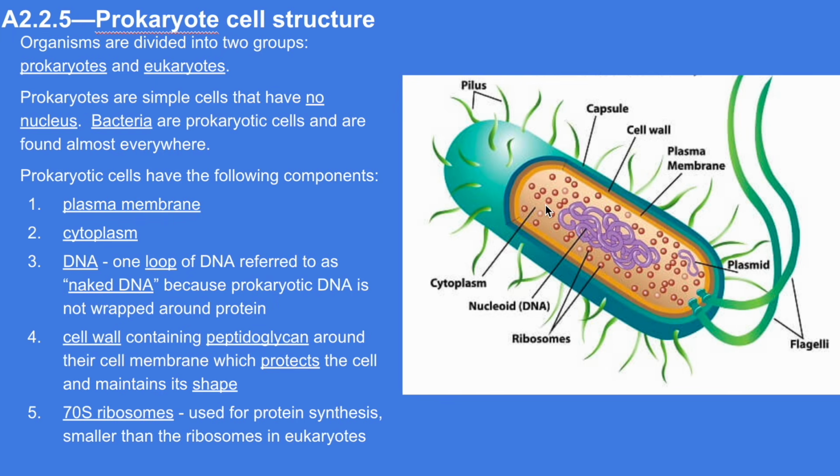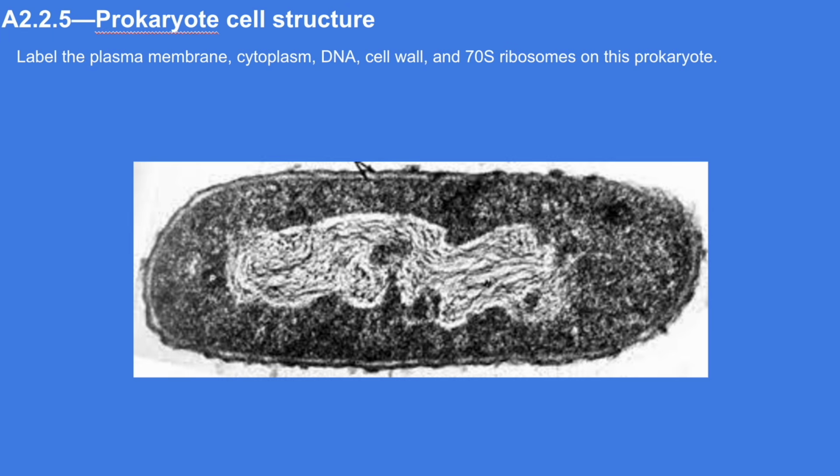They also have 70S ribosomes, a smaller size, and they have a cell wall because prokaryotes that don't have a nucleus are unicellular, like bacteria, then they have to have a cell wall to protect them from the outside environment. Sometimes they'll also have flagella or pili. These are the important things that you should know.